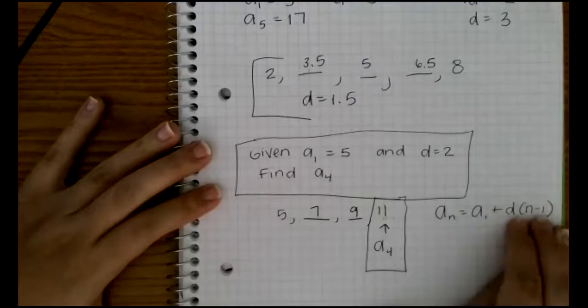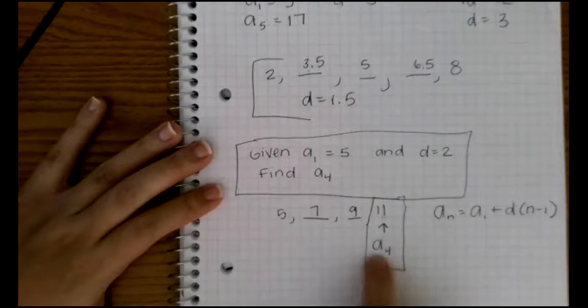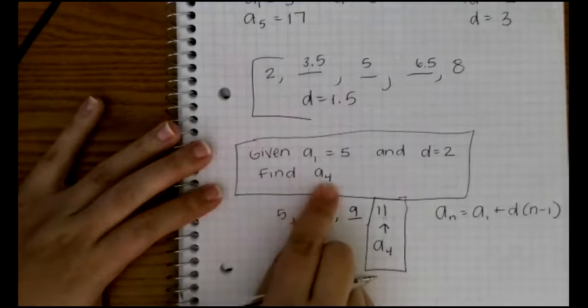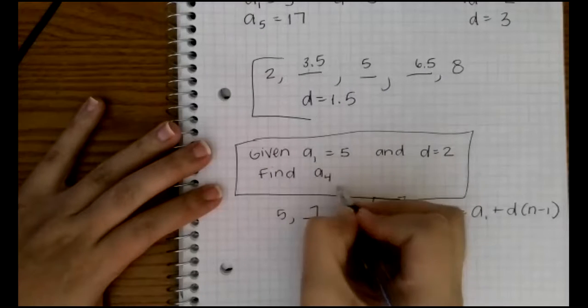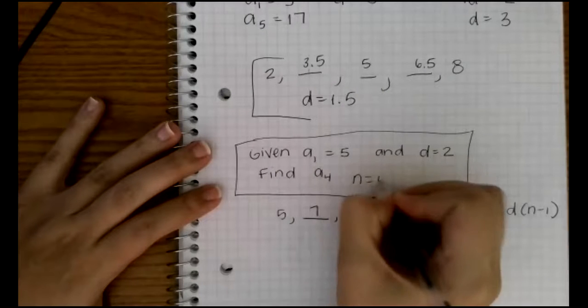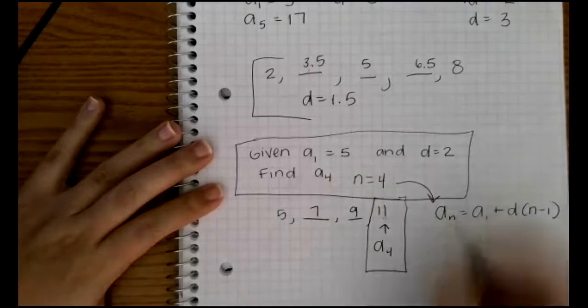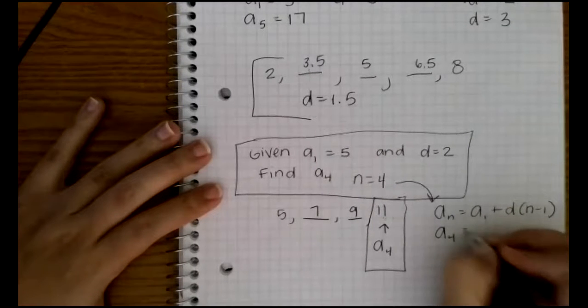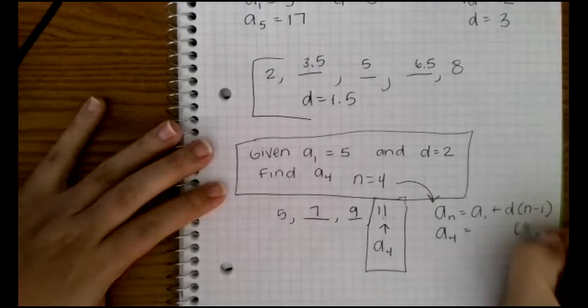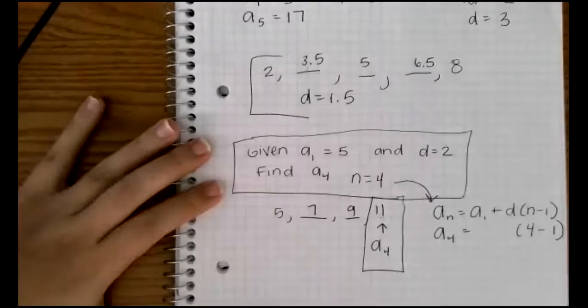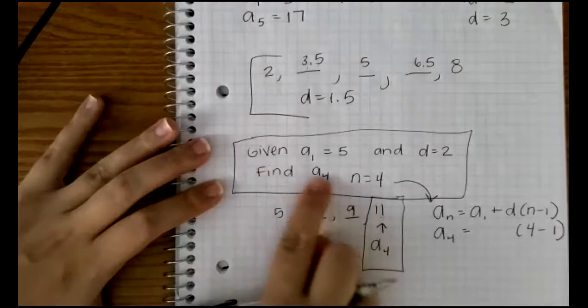So if I needed to use this formula, if they're asking me for a sub 4, that means I'm plugging in n equals 4 into my formula. Everywhere I see an n, I'm plugging 4 because that's the one I'm looking for, the fourth term, a sub 4.